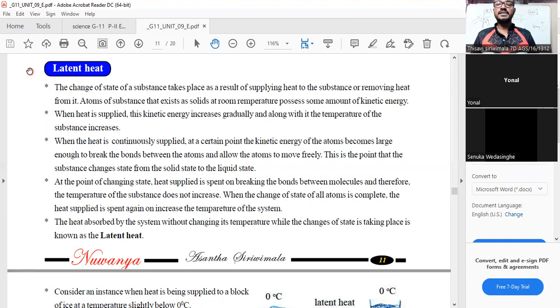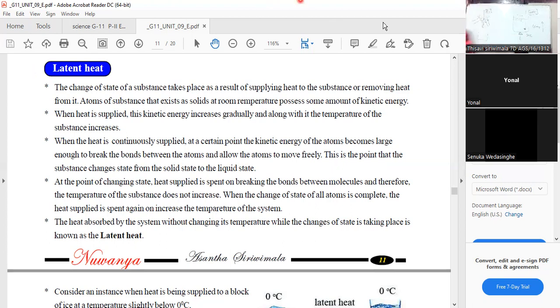At the point of changing state, heat supplied is spent on breaking the bonds between the molecules, and therefore the temperature of the substance does not increase. When the change of state of all the atoms is complete, the heat supplied is spent again on increasing the temperature of the system. So after all the bonds are broken, then only the temperature starts to rise again. So that's what happened here. Right?